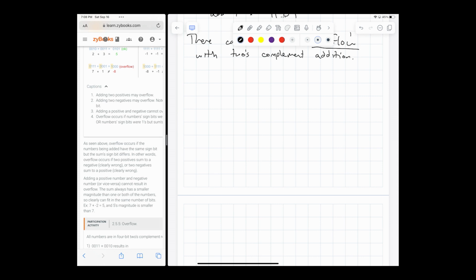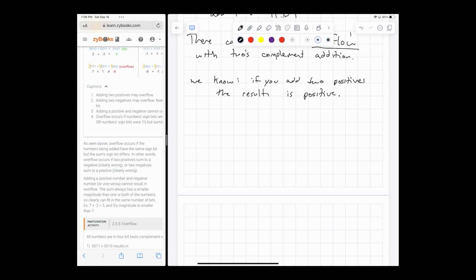So like, so we know if you add two positive numbers, right, the result should be positive, right?